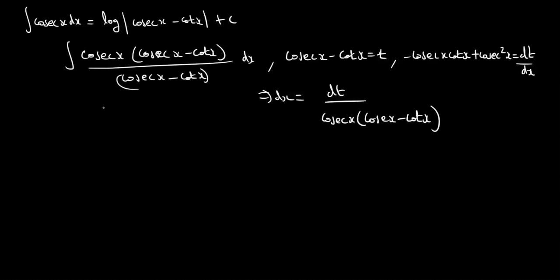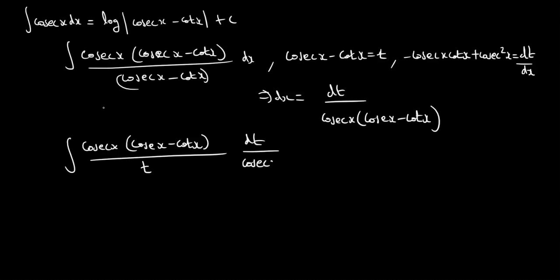So we can substitute this back into our integral. So we will get cosec x into cosec x minus cot x by t, and dx, we can replace dx by dt by cosec x into cosec x minus cot x. So we can cancel both these terms.